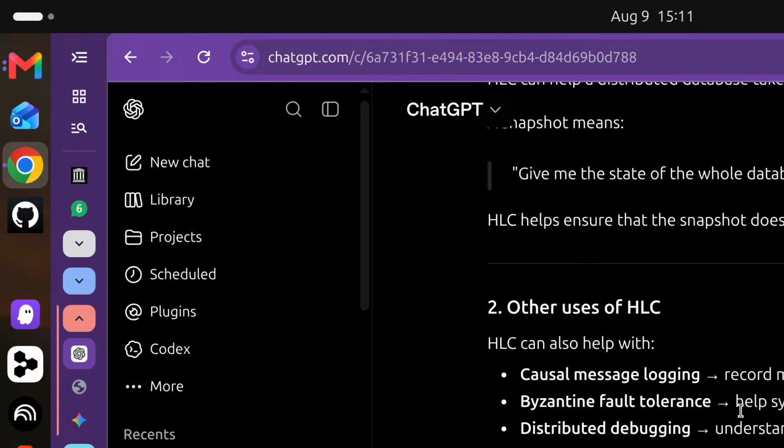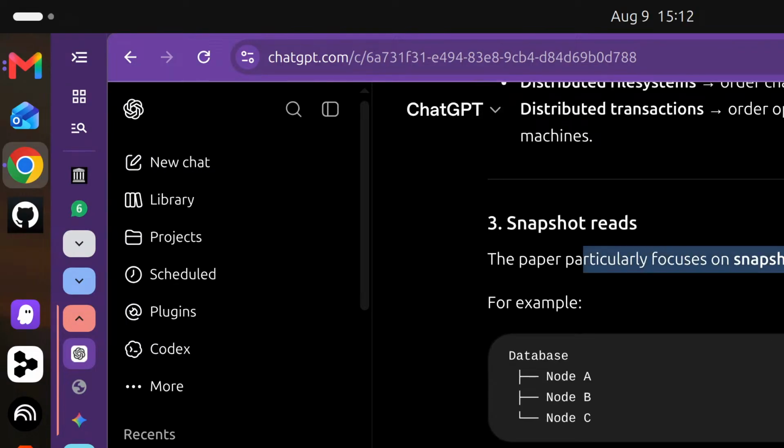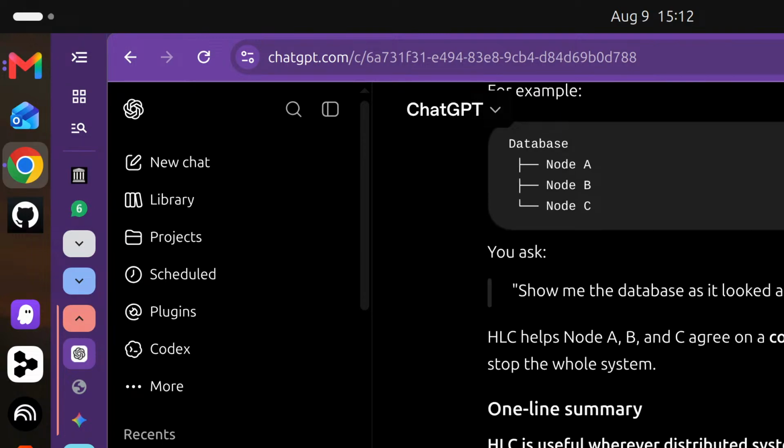It also helps with distributed debugging, to understand what happened and in what order, and in distributed file systems, to order changes to files across machines, and to order transaction operations across different machines. Snapshot reads: the paper particularly focuses on snapshot reads in distributed databases.